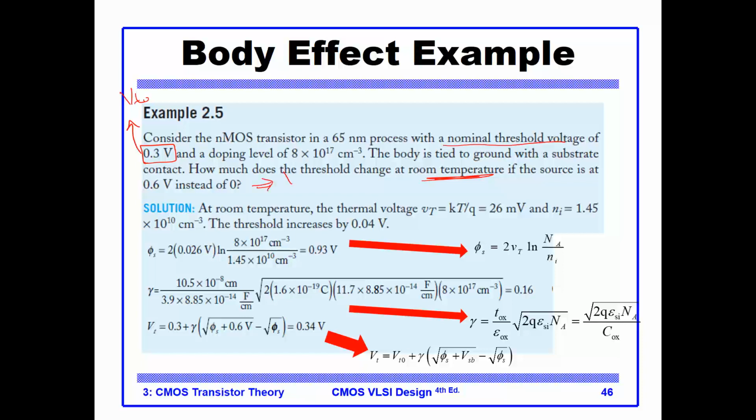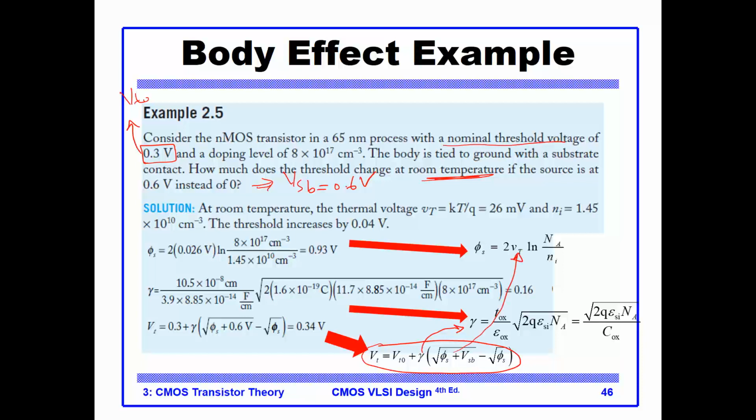So that means VSB equals 0.6 volt. The very first thing, we need to compute this formula, but we need the body effect to be computed, and for that we also need to compute the surface potential.